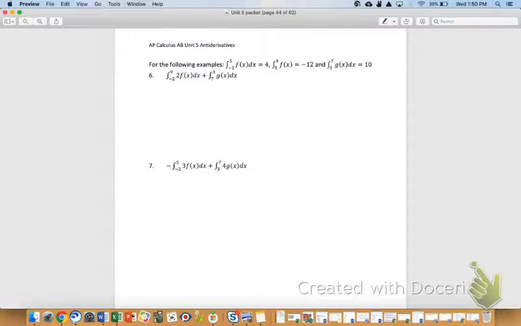I don't have an integral of negative y, so those two numbers.